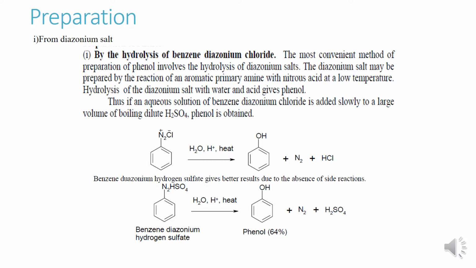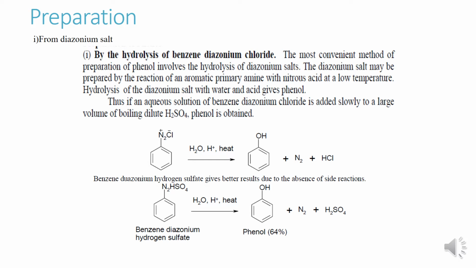The first one is preparation from diazonium salt, by the hydrolysis of benzene diazonium chloride. The most convenient method of preparation of phenols involves the hydrolysis of diazonium salts, to prepare phenol.